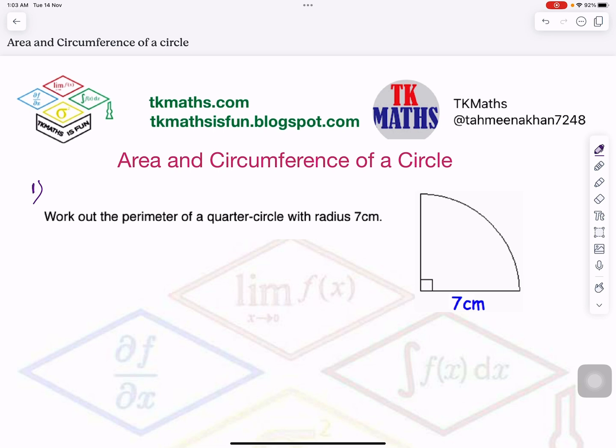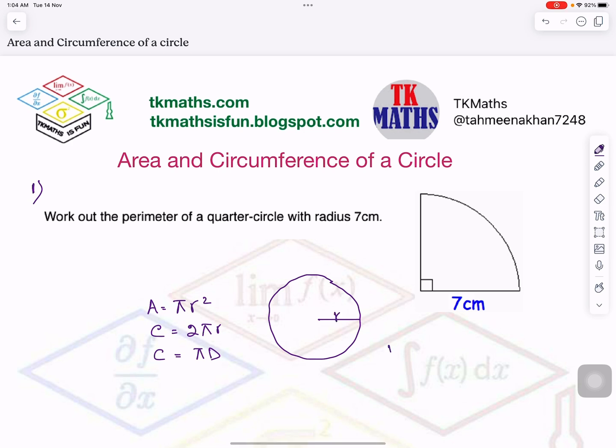Rather than solving it straight away, let me explain it to you first of all. This is a circle, and everybody knows the formula for the area of a circle, which is pi r square, and the circumference of the circle, which is 2 pi r, and r is the radius. Sometimes people write circumference is pi d. Why do they write pi d?